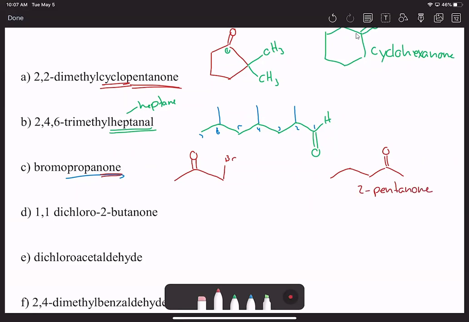So this is 2-pentanone. But this over here, propanone, there's nowhere else to put that carbonyl. If I decide to put the carbonyl somewhere else, let's put it on carbon number 1 and see what happens. I'm going to put a carbonyl here, and that means I have to erase a hydrogen. And does that make a ketone?